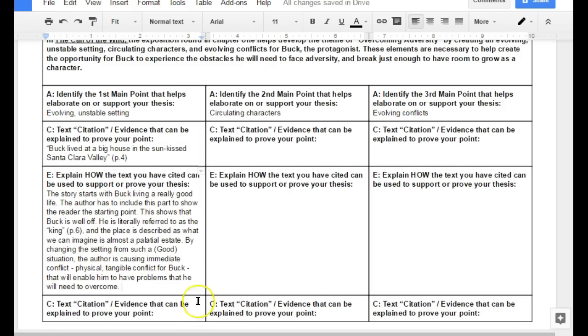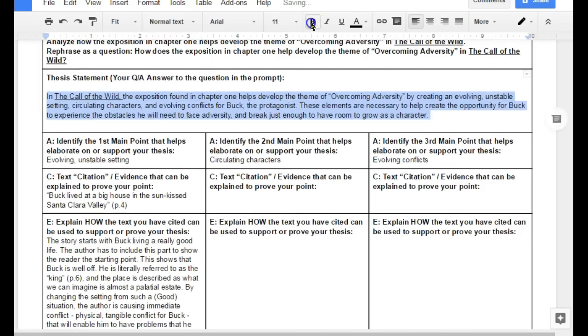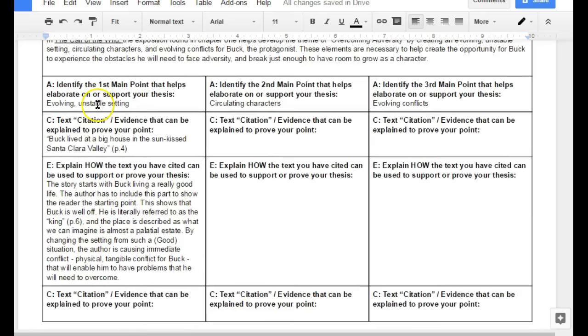And that, what we just did right there, following our thesis, which I'm going to unbold, following our prompt, breaking it down into 3 things that we can definitely spend time examining, analyzing, and then we get into text that's going to support that, and then we explain it and make sure we tie it back to that thesis. You're going to have a ton of evidence. You're going to have a really, really strong support system for when you do go to write.